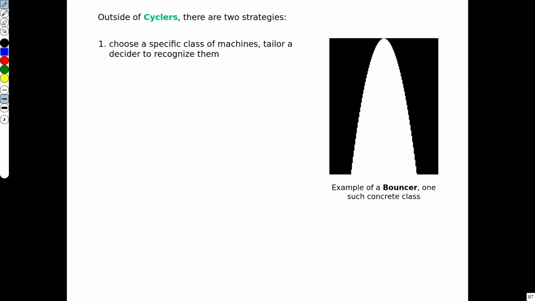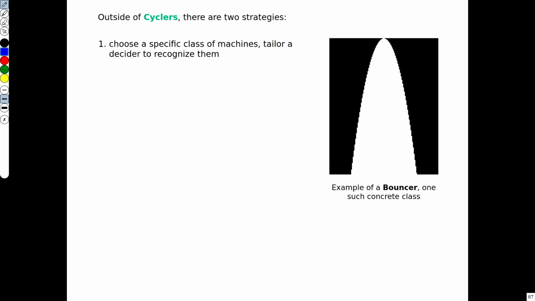Okay, but the translated cyclers are quite an easy family if you think about it. You could say yeah, that's the easy part, the rest is probably impossibly hard. But you have two strategies to continue from there. You can identify specific classes of behavior and then write deciders that are tailored to them.